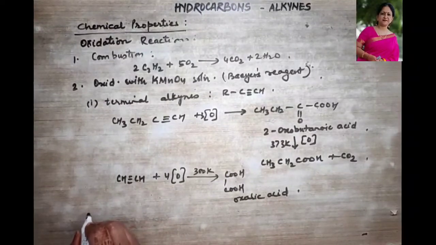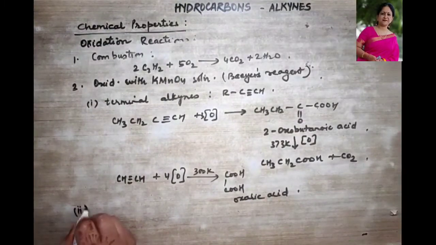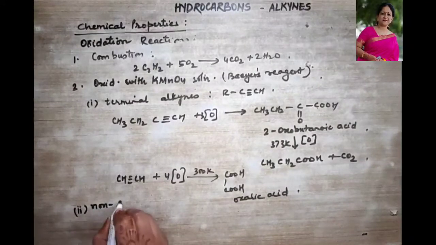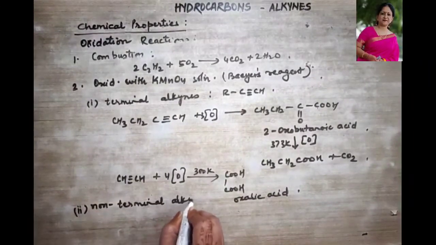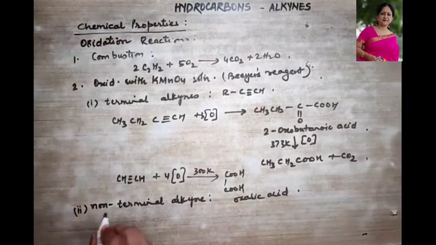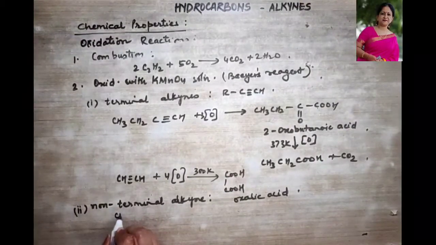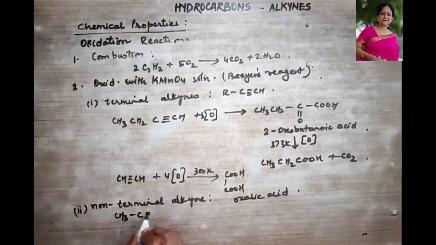So let's take an example of a non-terminal alkyne, CH3 C triple bond C CH3.